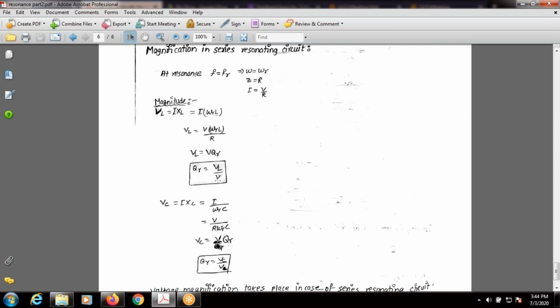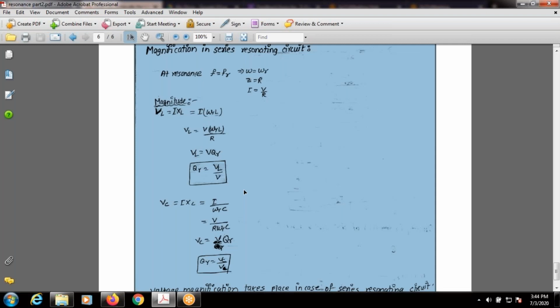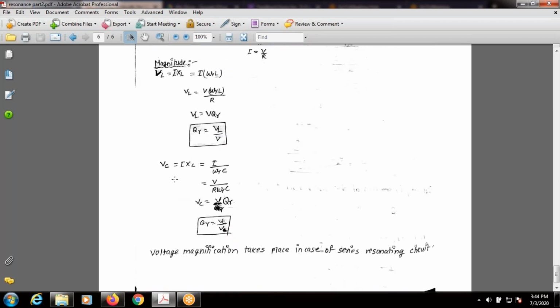VL is equal to the applied voltage V into the quality factor in an inductor. Similarly for a capacitor, what is the voltage across the capacitor? Voltage across the capacitor is equal to I, the current, into the impedance across a capacitive element.